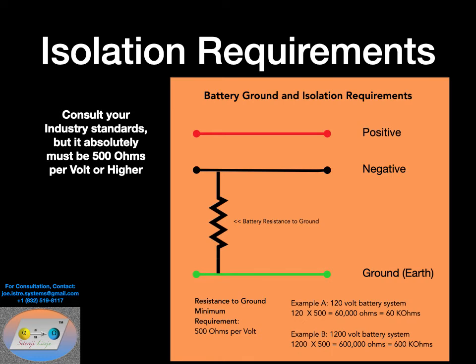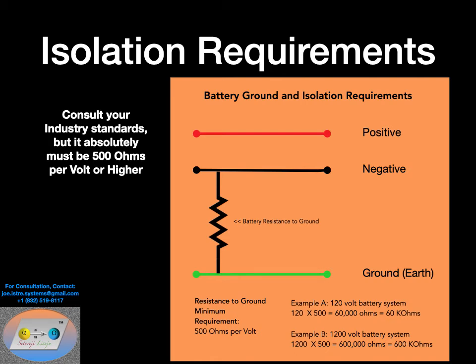So for example A, if you have a 120 volt battery system, let's say going into a substation, you want at least 60 kiloohms between ground and any of the terminals on the battery. And you want to be able to measure this and prove it. This is a safety mechanism of battery systems.